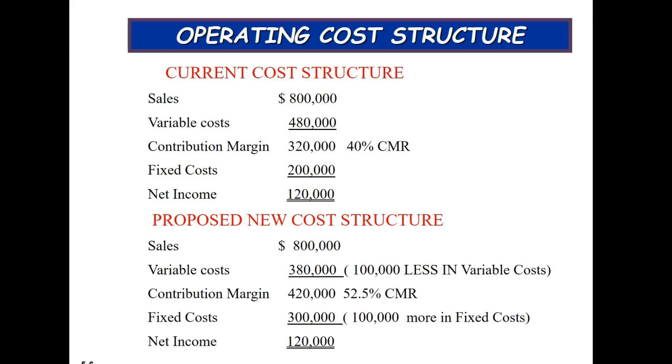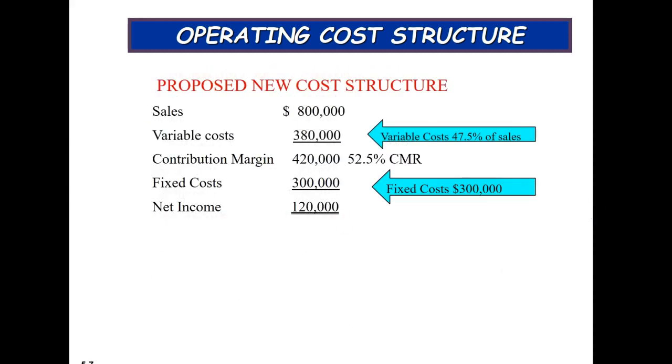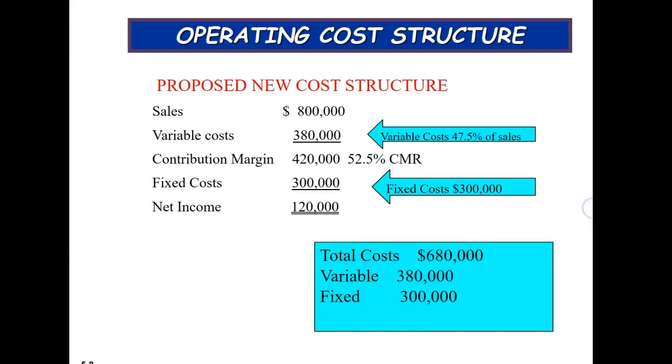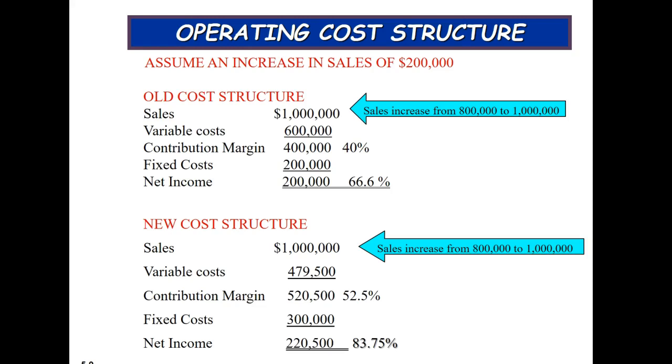So we're just taking that company, changing the cost structure to see what would happen with increases in sales. The new cost structure now has a variable cost of 47.5% of sales instead of 60%, and a fixed cost of 300,000 as compared to 200 before. Same total costs. Now, sales increases from 800 to 1,000,000.